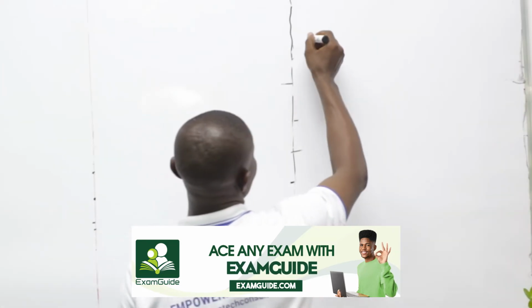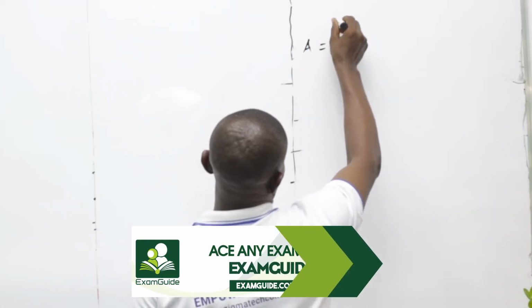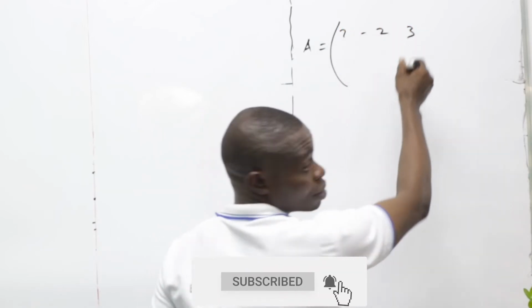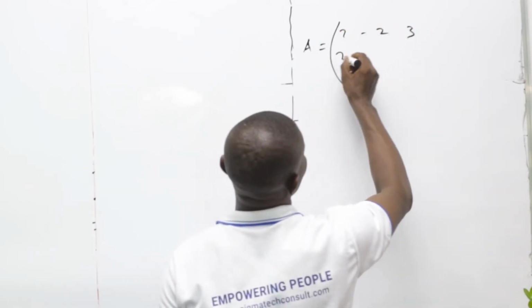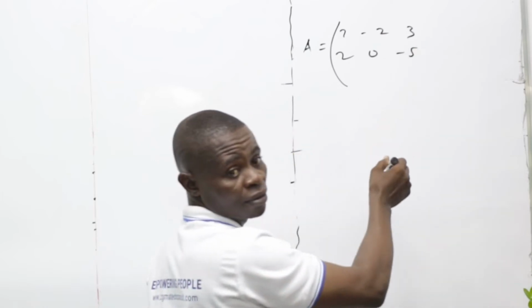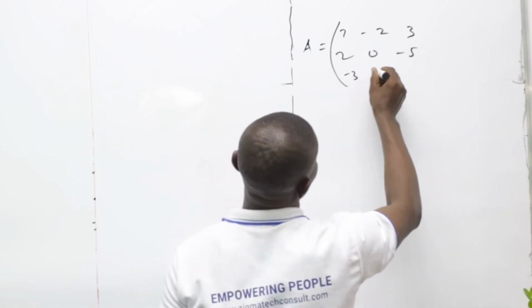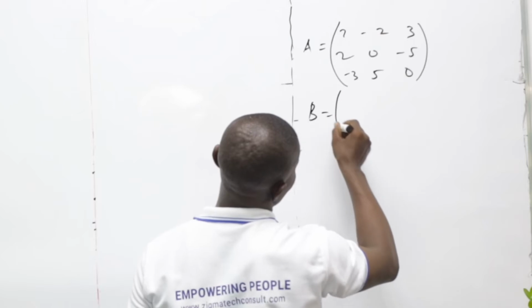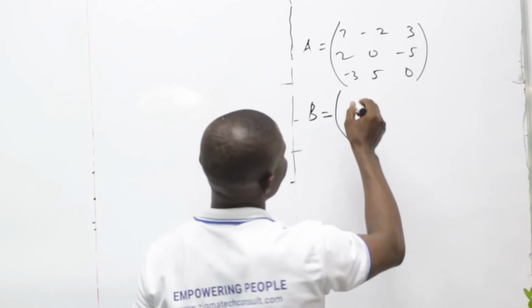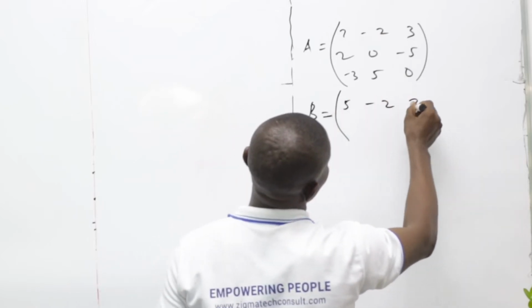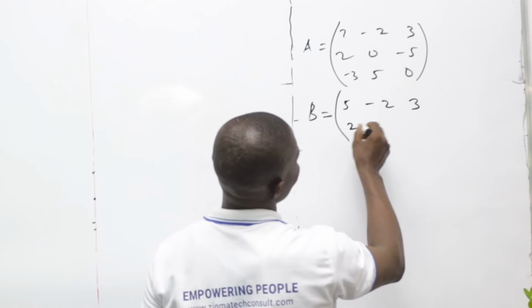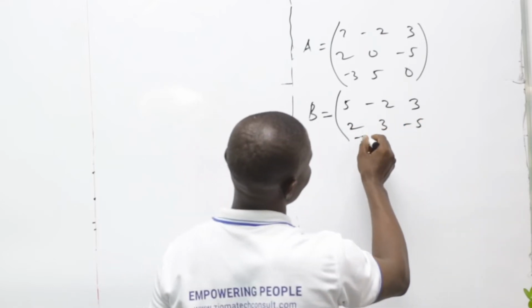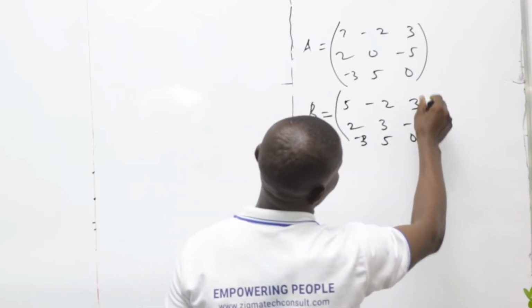That's A equals 7 minus 2, 3, 2, 0, minus 5, minus 3, 5, and 0 for A. Then B equals 5 minus 2, 3, 2, 3, minus 5, then minus 3, 5, and 0.